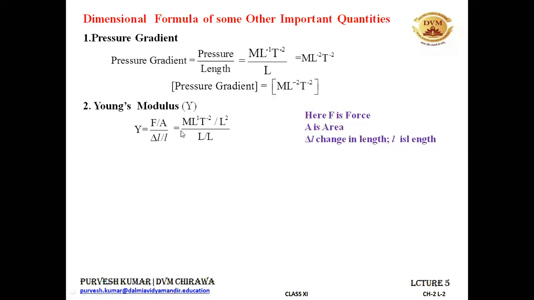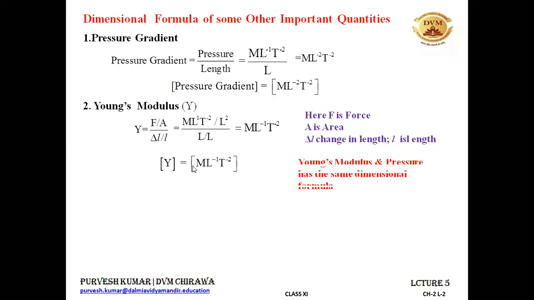And then this formula M L T minus 2 upon L square, when you solve it out, you are left with M L minus 1 T minus 2. All right. And then finally, you can write the dimensional formula for Young's modulus is M L minus 1 T minus 2. And you can see that this dimensional formula is also the dimensional formula for pressure. So the Young's modulus has the same dimensional formula as the pressure.